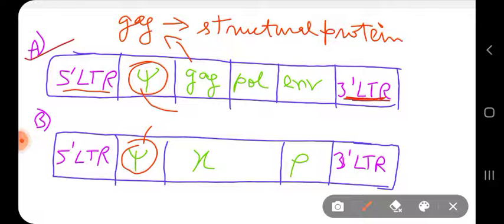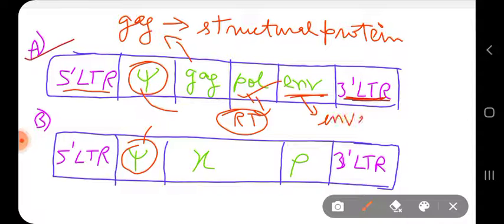Then there is a gene called POL. This POL gene codes for reverse transcriptase, an enzyme which makes DNA from the RNA. And you can see the ENV gene, which codes for the envelope protein.